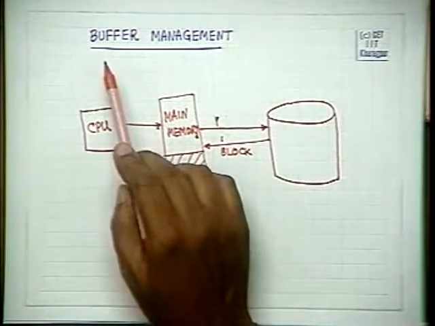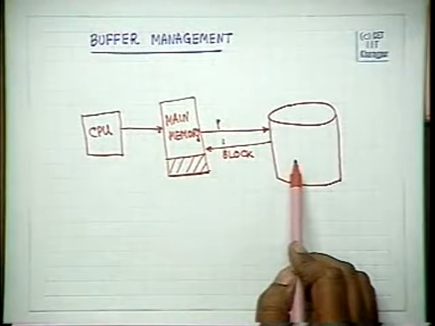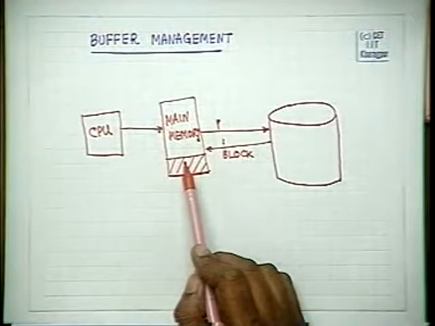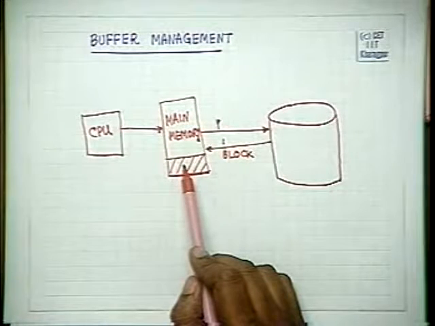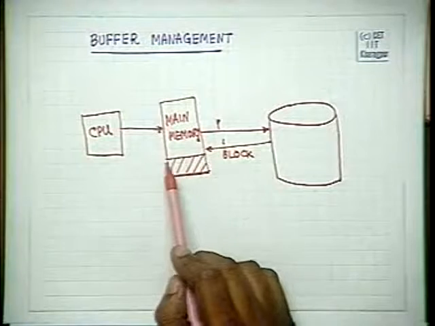This is the main memory buffer. You keep track of what information of these data files is already present in the main memory. And if this information which is there in the main memory is sufficient, then you return the information from here only.